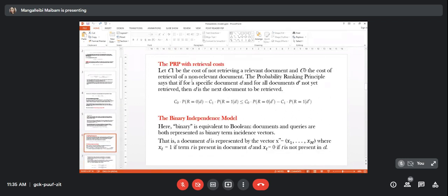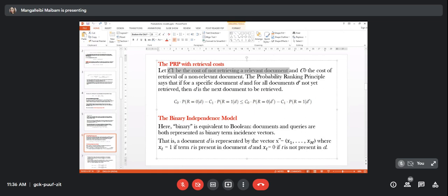And PRP with retrieval cost. Consider C1 as the cost of not returning a relevant document, and C0 as the cost of returning a non-relevant document.